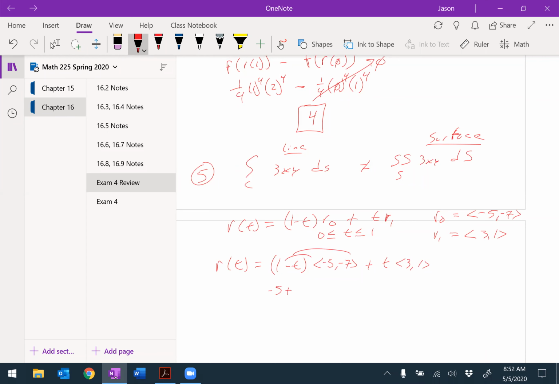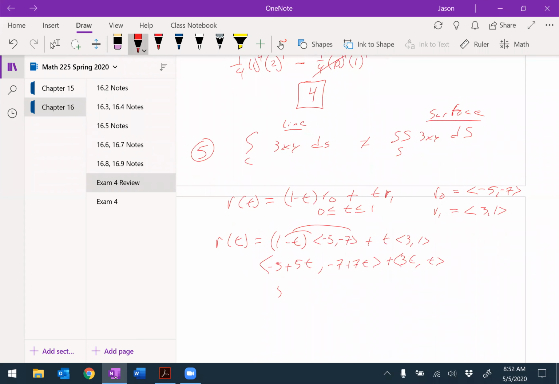I get -5 plus 5t, and then -7 plus 7t, plus 3t, and t. So I'm going to add those vectors together. I get 8t minus 5 and 8t minus 7. So that's r of t.